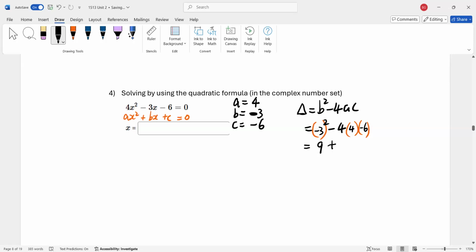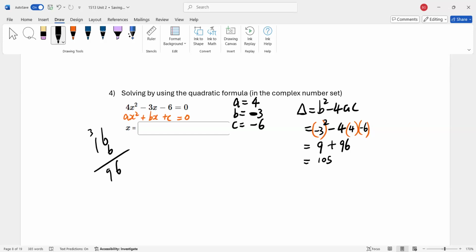Positive 4 times 4 times 6. So 16 times 6, I think it's 96. 16 times 6. 96, right? Positive 96.